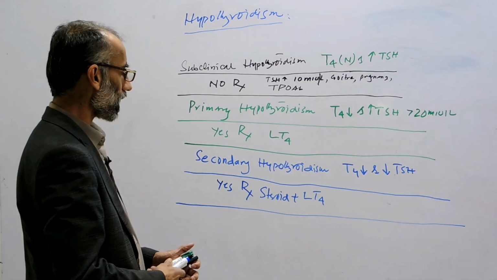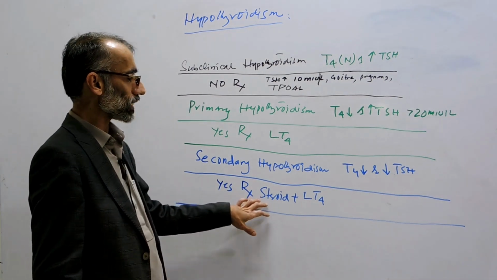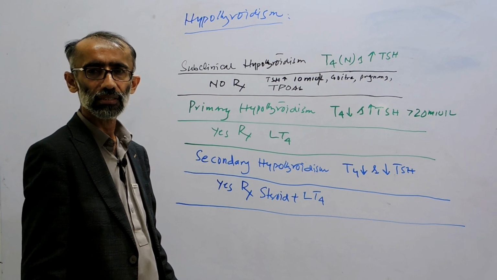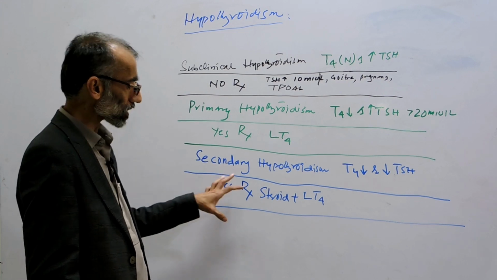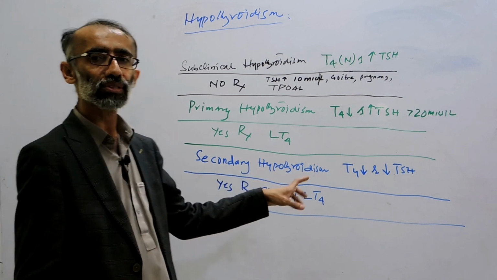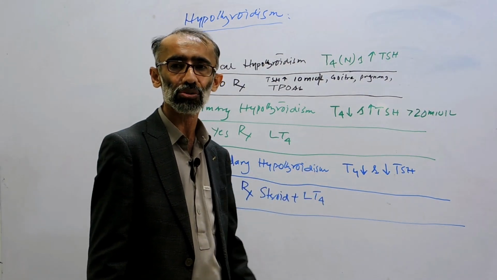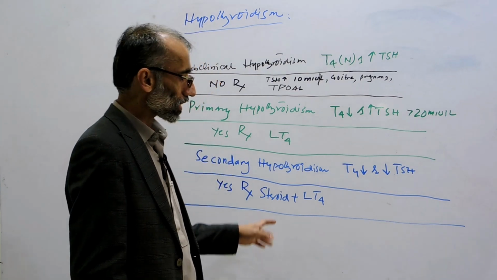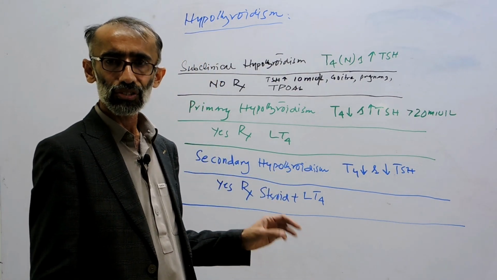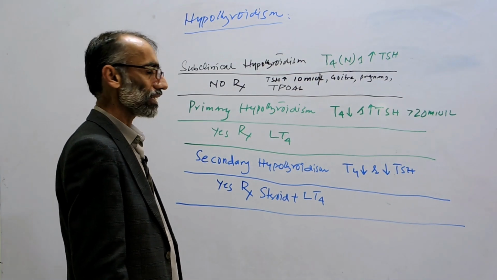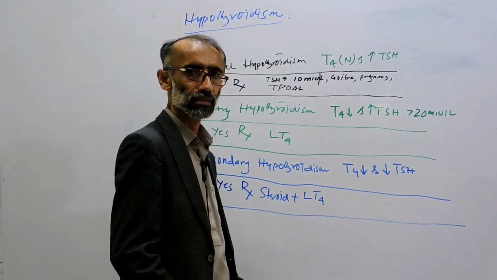Treat secondary hypothyroidism with steroid and levothyroxine. But first, you have to rule out sick euthyroid syndrome, because treating sick euthyroid syndrome with levothyroxine is not beneficial.